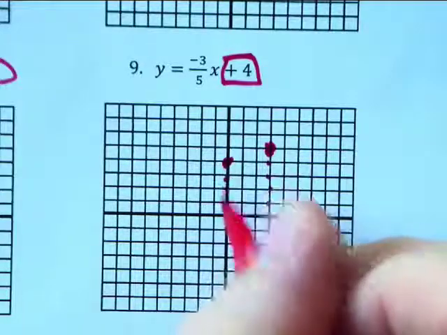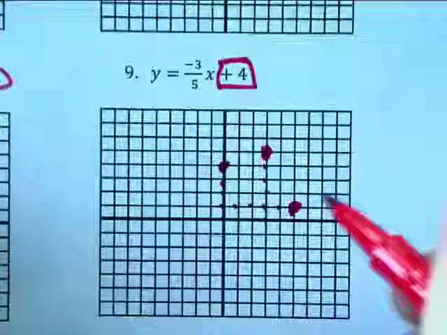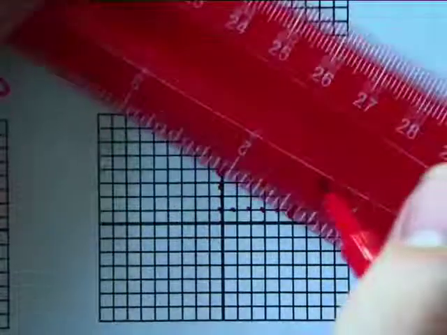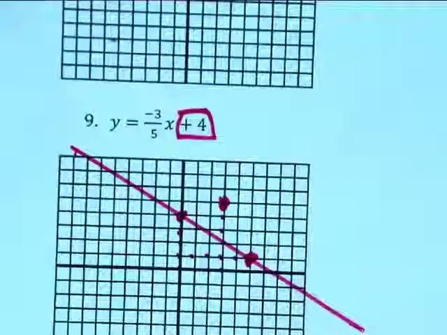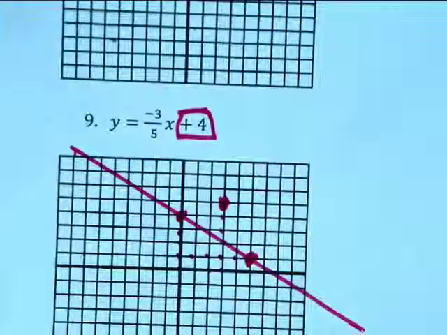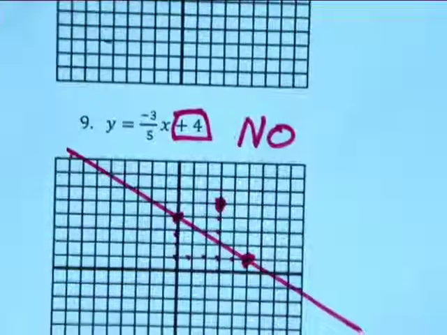And we can see that that line, as we draw it, is not going to touch (3, 5). So the answer to that one is no. Okay, so that's how you do system 2.1. Don't worry so much about number 5. Don't let 5 get you fooled, but that's how you do it.